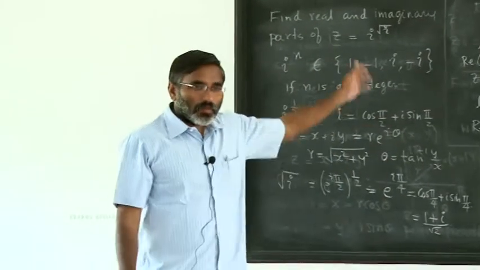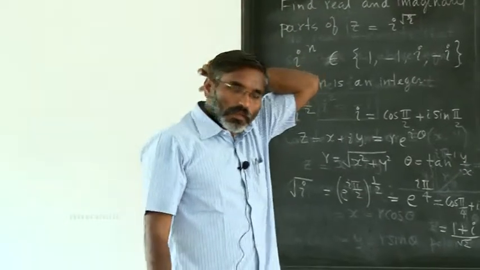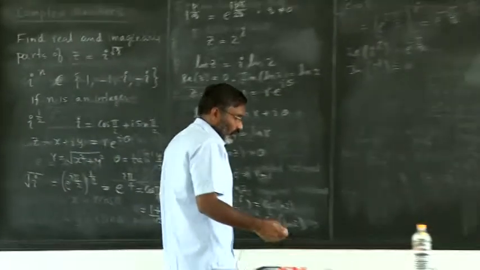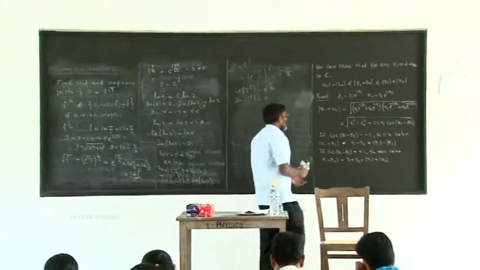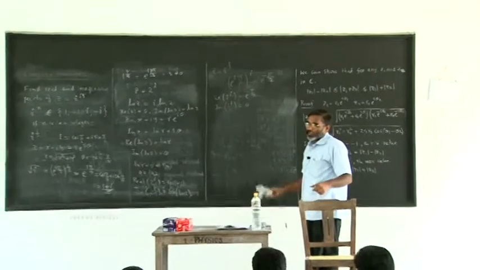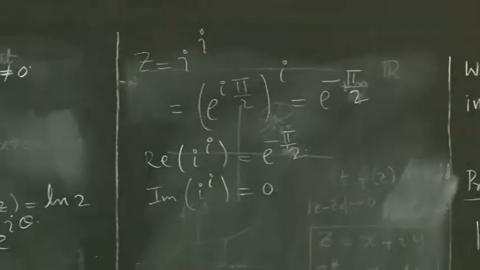So shall I leave this problem for you to find out what are the real and imaginary parts of I to the root I? And maybe some more problems like this you can do in the tutorial, just to get practice. So these are the tricks that we will have to practice for dealing with complex numbers.